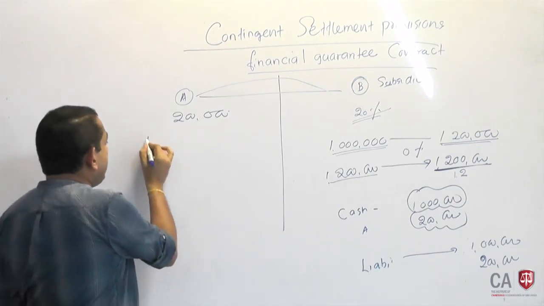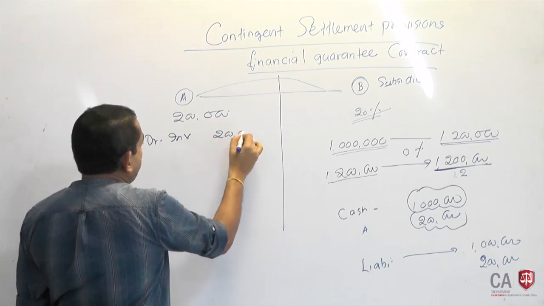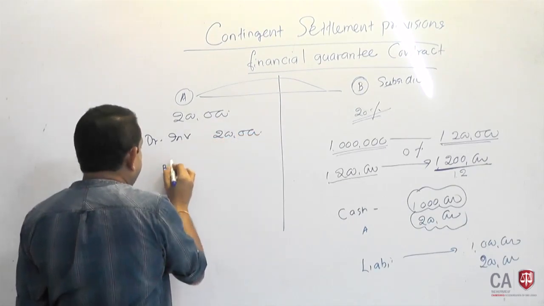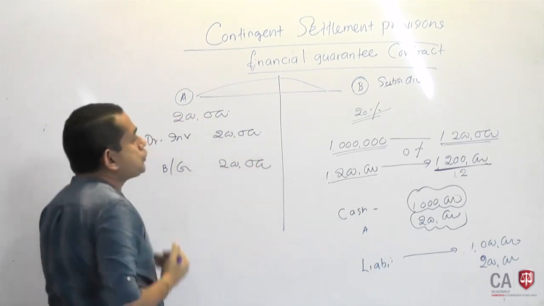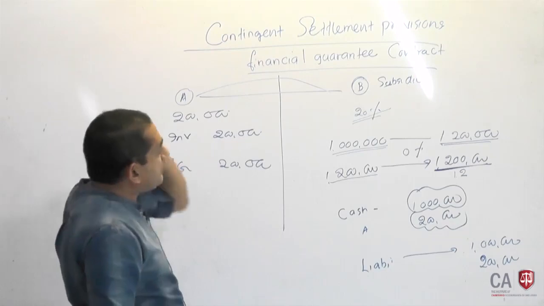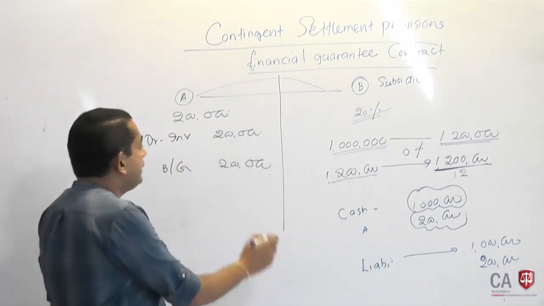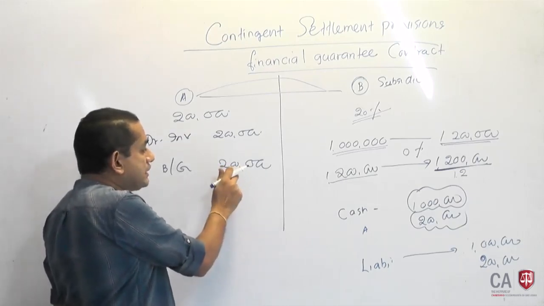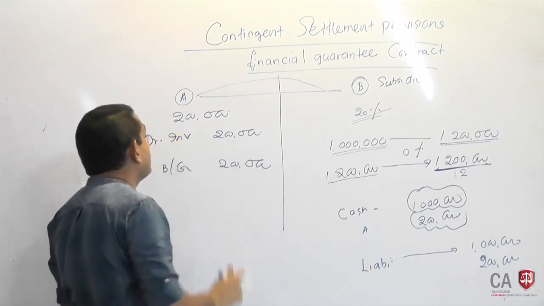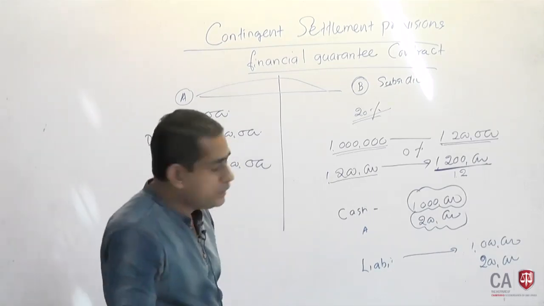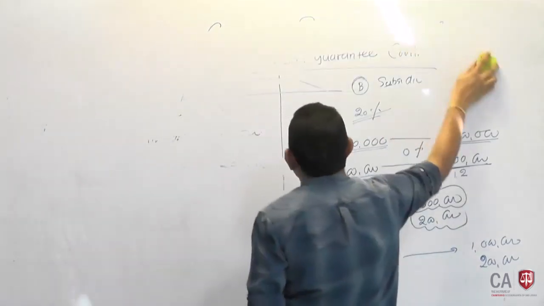So, company A debits investment account by 200,000, credit to bank guarantee by 200,000. Why? Company A has to pay the value of the guarantee to the bank of company B on behalf of company B. So that is like company A investing 200,000 rupees in company B, debit to investment by 200,000 and credit to bank guarantee liability by 200,000.